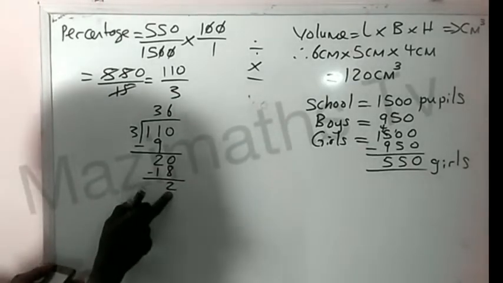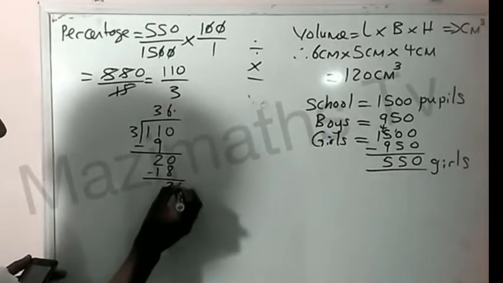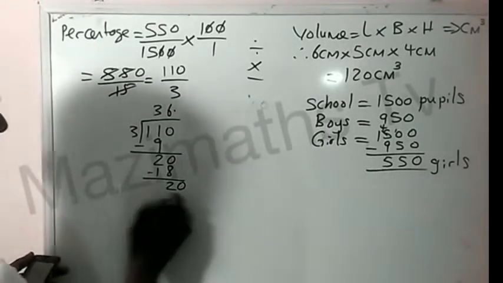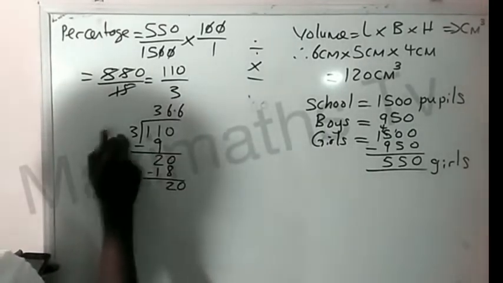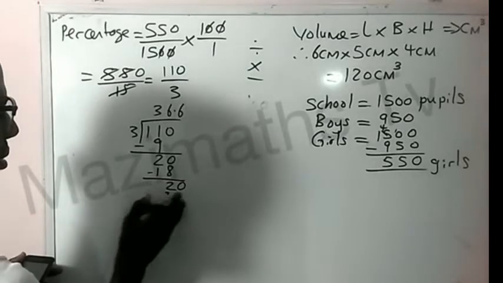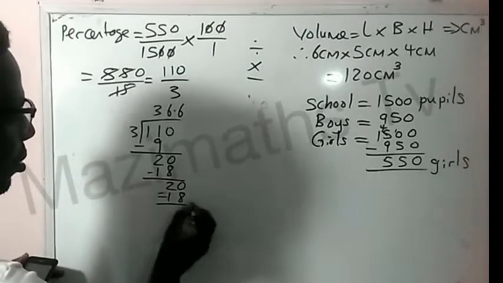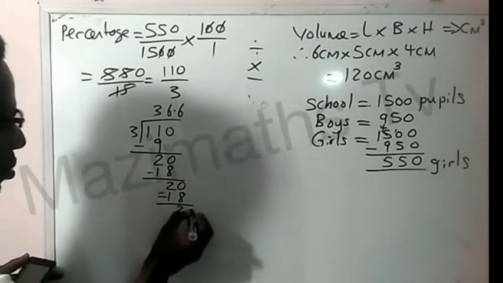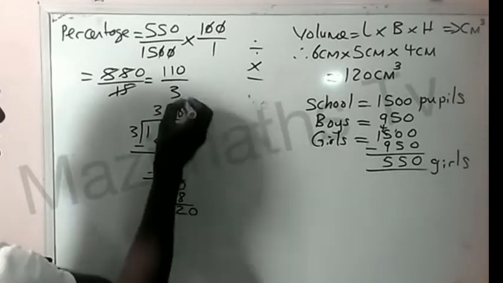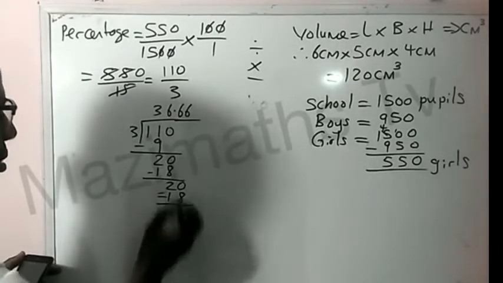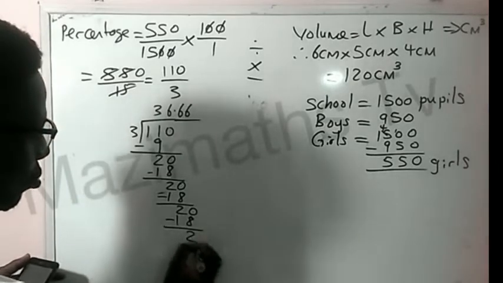3 cannot divide 2, so you put the decimal point here and then 0 here. Now how many 3s are there in 20? 6 again. 3 times 6 is 18, and then minus, you still get 2. Put 0. Another 6, 18, minus, you get 2 again.